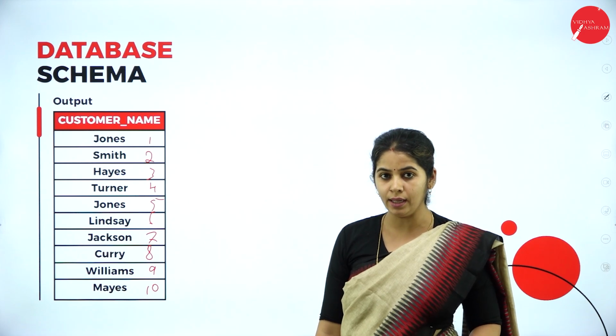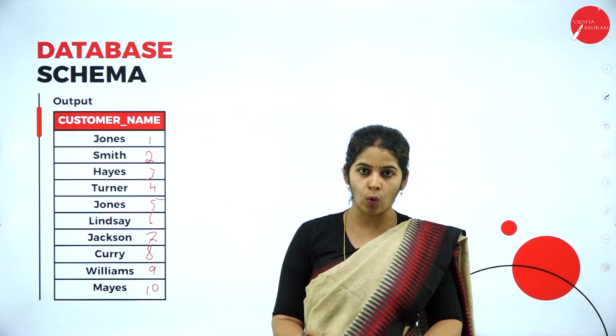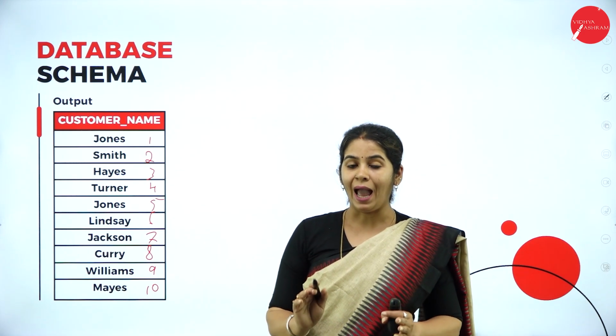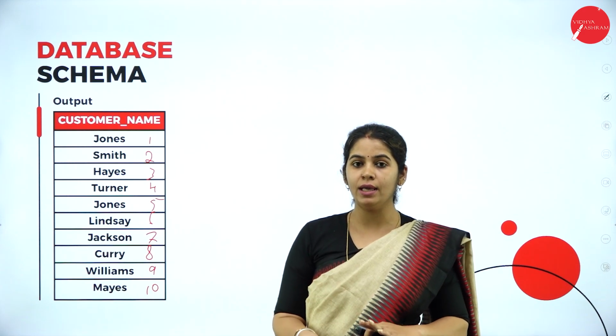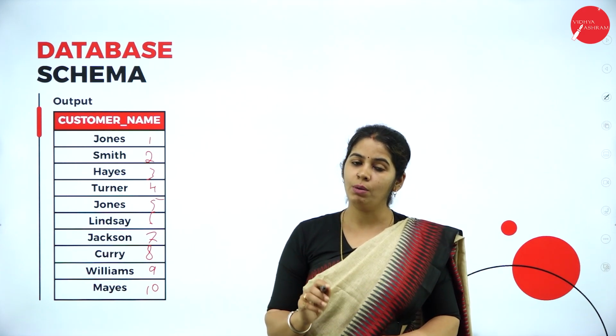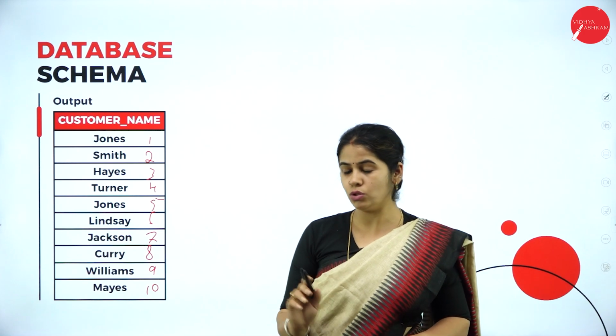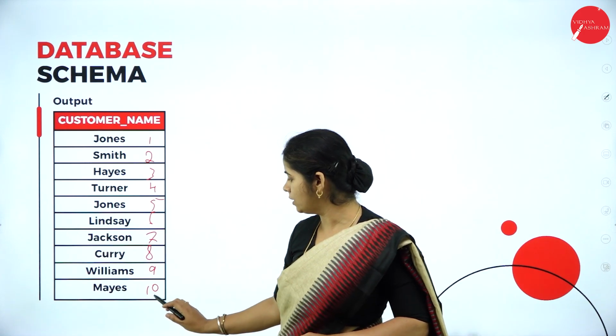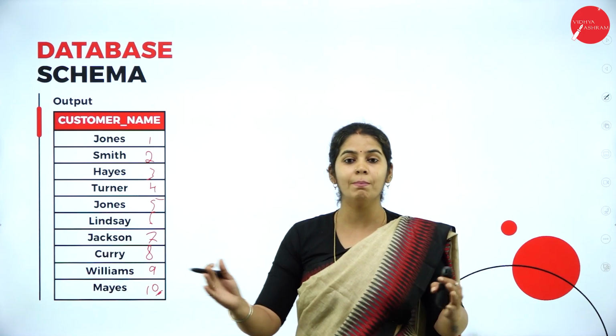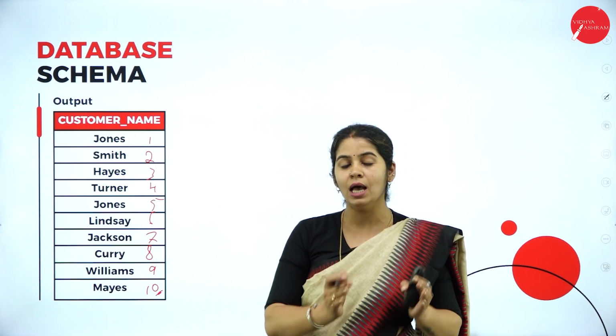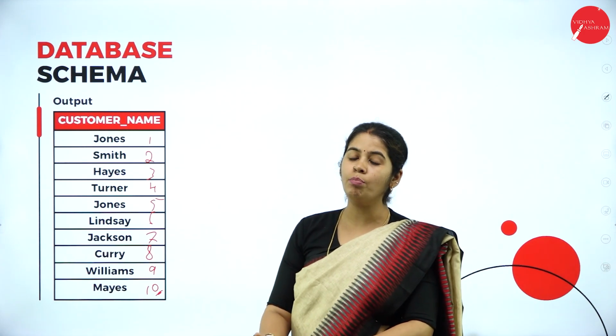Combining both together we should have 14 rows, but as some names are repeated in both tables, they will be displayed only once. So we will have 10 rows by combining the two tables, depositor as well as borrower.